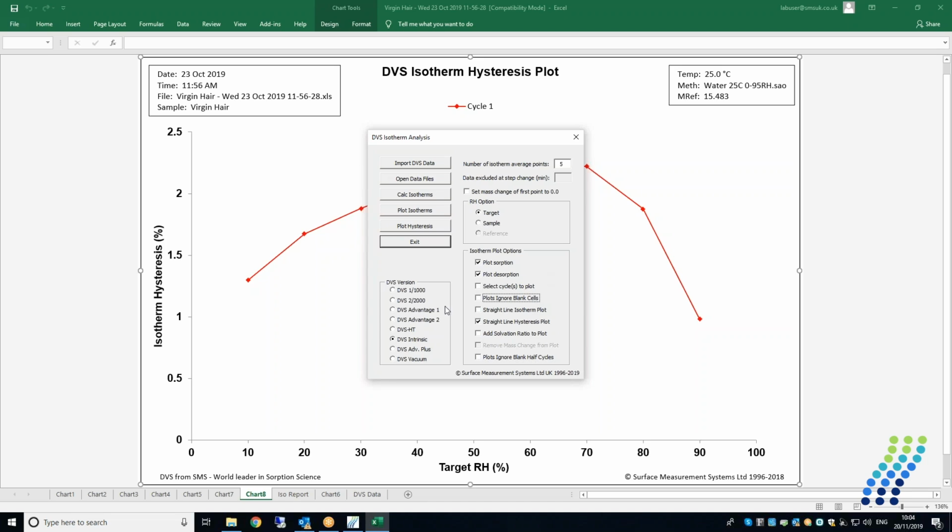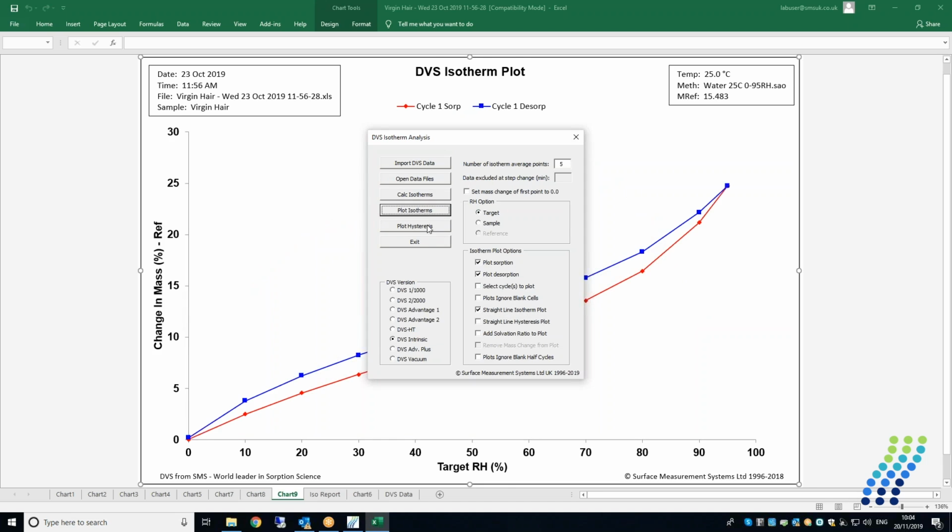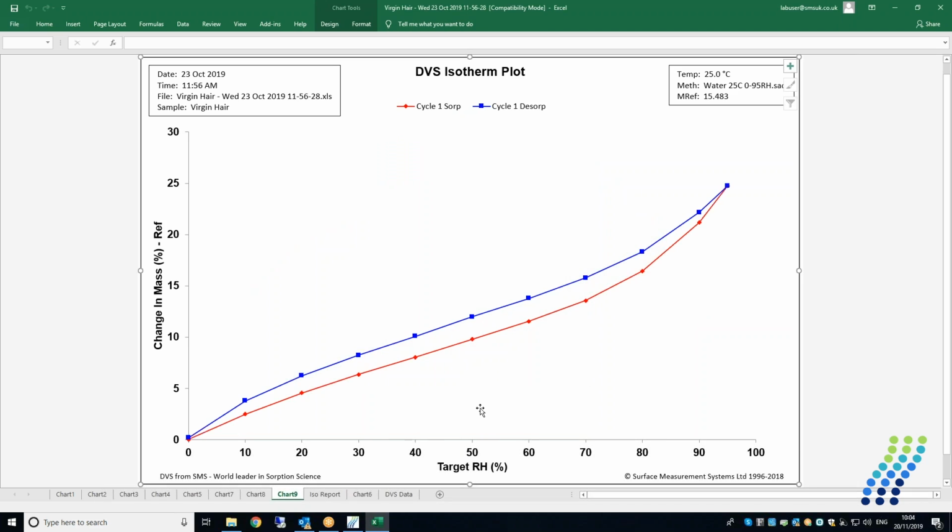So typically, an isotherm is plotted with a curved line. However, we can also plot as a straight line isotherm. And this is sometimes useful to see the hysteresis a bit more clearly.